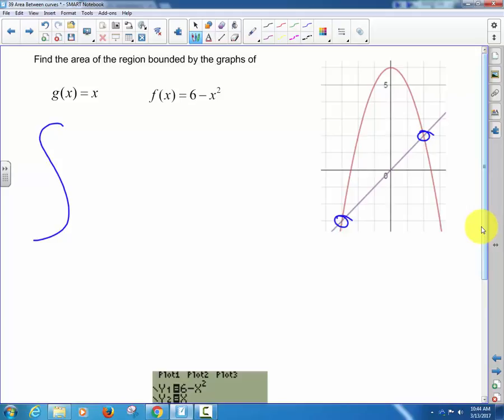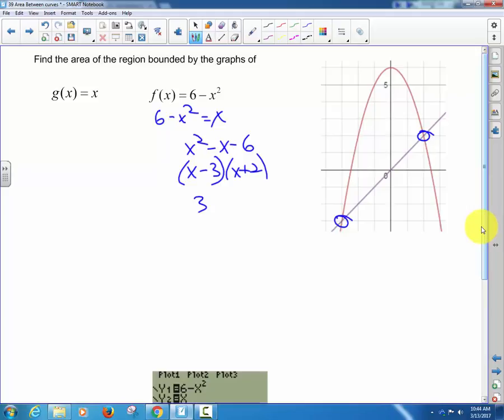Okay? So we've got to figure out these 2 points so we're going to set these 2 equations equal to each other. Well, how are we going to solve these equations? We got to get everything on one side. x squared minus x minus 6, x minus 3, x plus 2. Oh, yes, it's plus x, so we reverse our signs here.